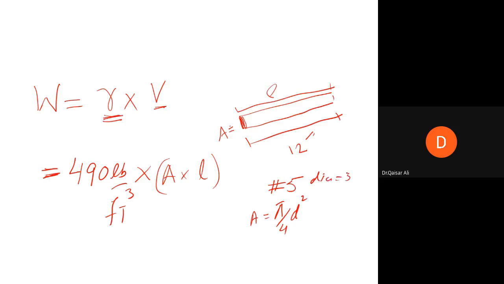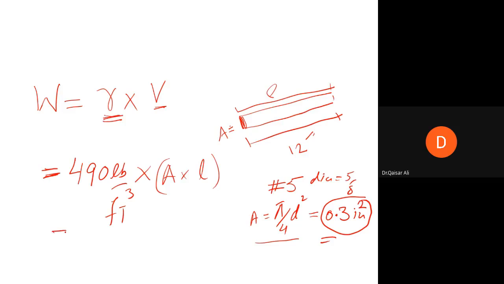Okay, tell me the area of number 5 bar. 0.3, sir. 0.3 is correct. 0.3 square inch. It is the area. Okay.